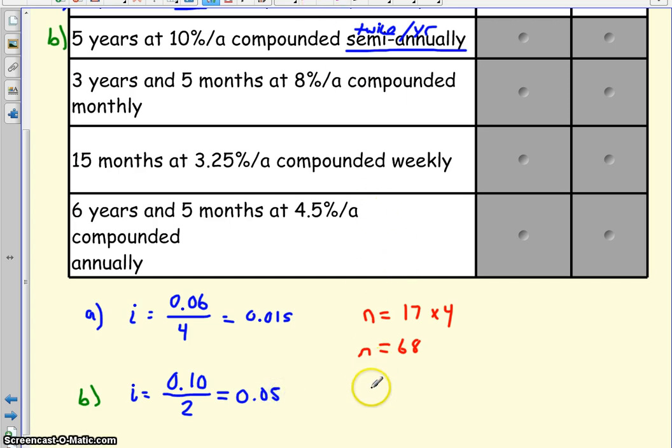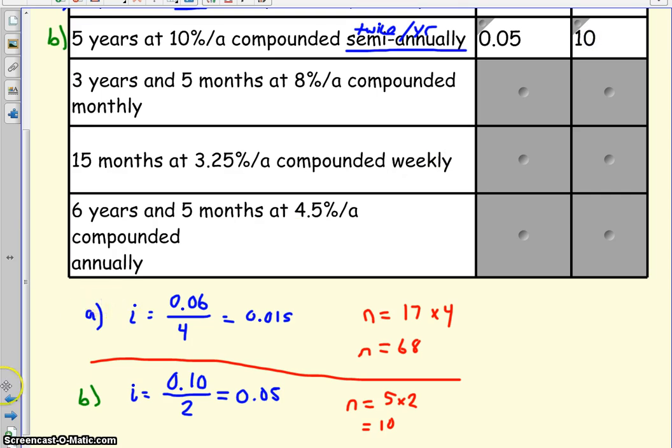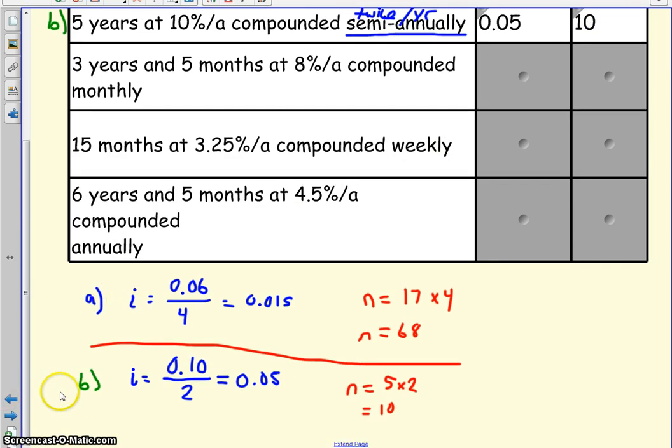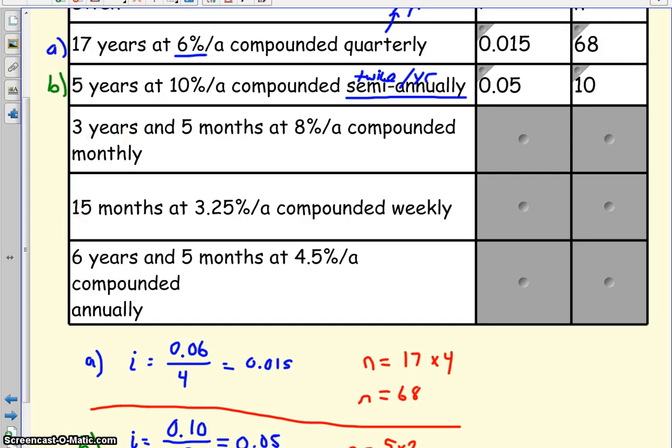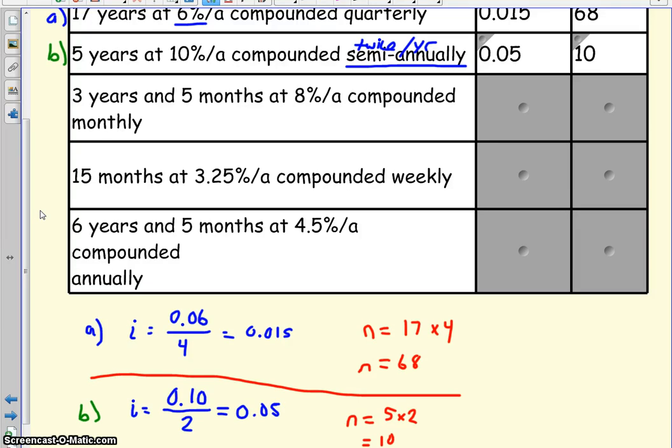As for n, it's 5 years at twice a year, so you're going to put in 10 in the equation for n. Hopefully that makes a bit of sense. I'd like you to try the next 3 on your own, C, D, and E, and when you're ready to go through them together, push play, and we'll see how they go.